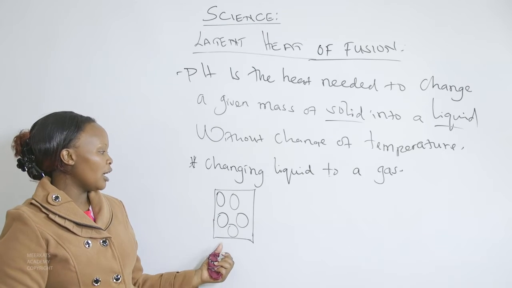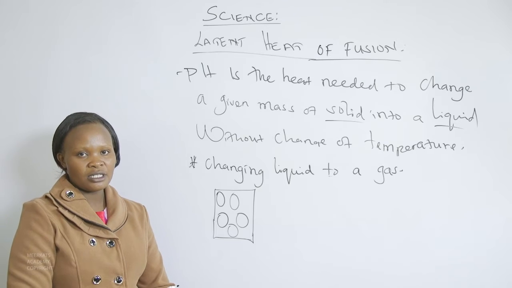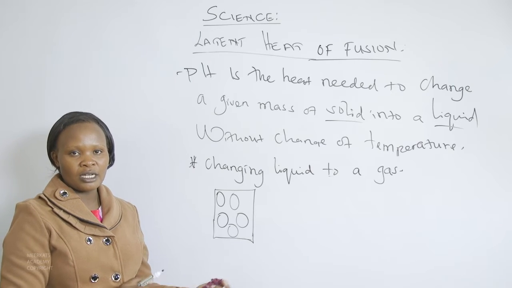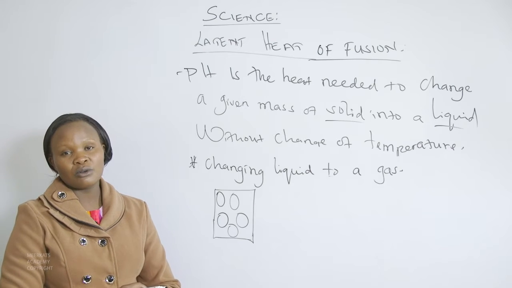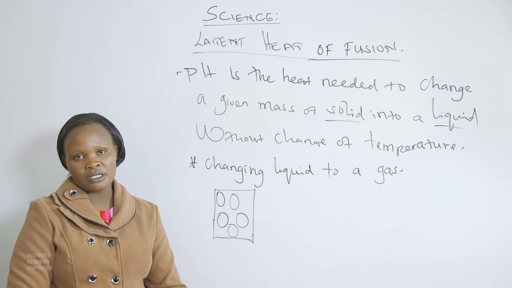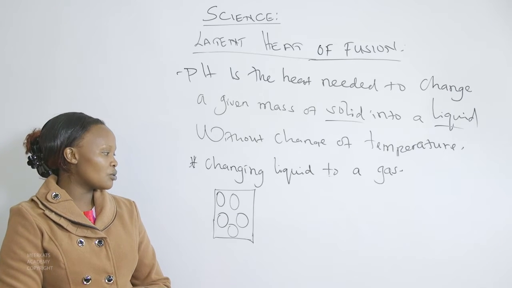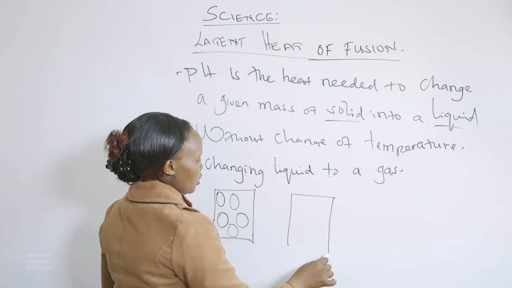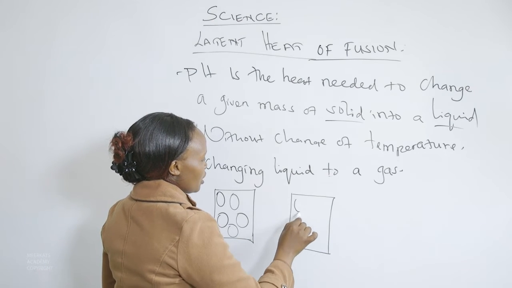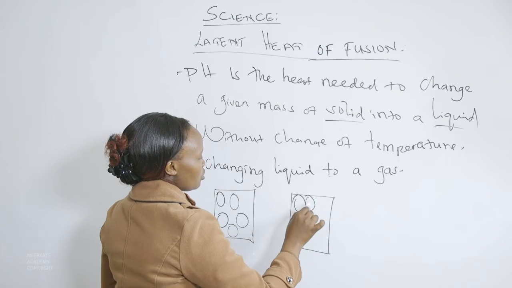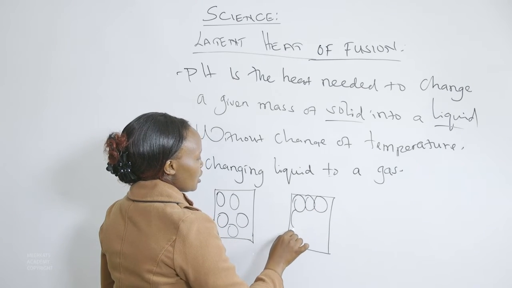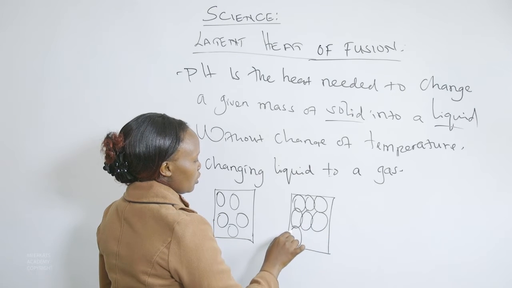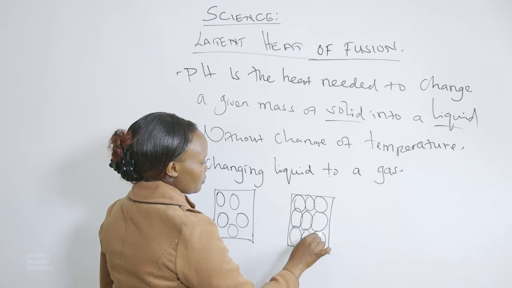We have already weakened the forces in order to change from a solid to a liquid. Now we want to rebuild the forces so that the particles will not be moving randomly, but rather they will reduce the movements to vibrations, because there is actually no space for them to move.